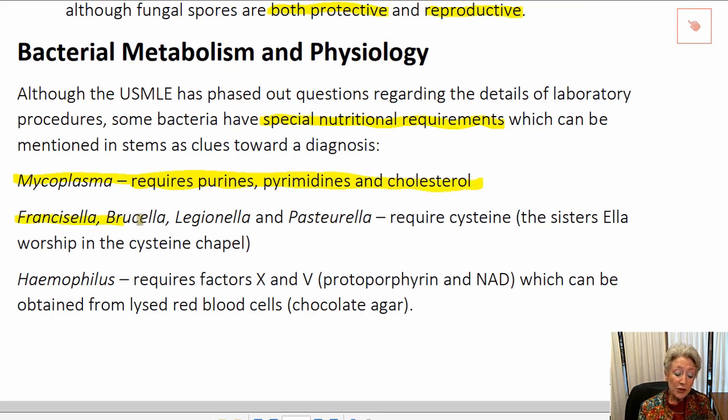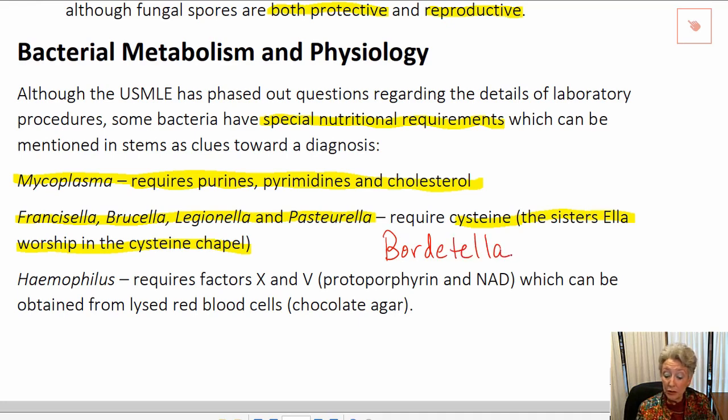The four sisters Ella, Francisella, Brucella, Legionella, and Pasteurella, these are the four that require cysteine in their diet. So the memory tool here, the four sisters Ella worship in the Sistine Chapel. Now you need to be careful when you use that memory tool that you don't accidentally put Bordetella in the same bunch.